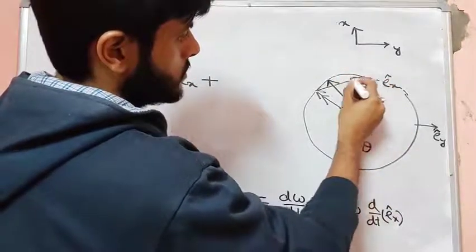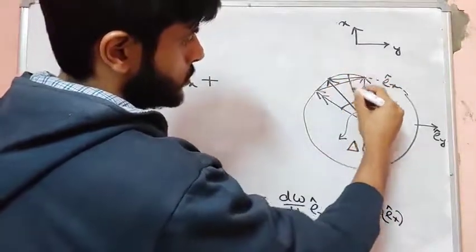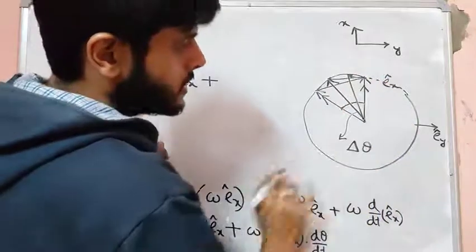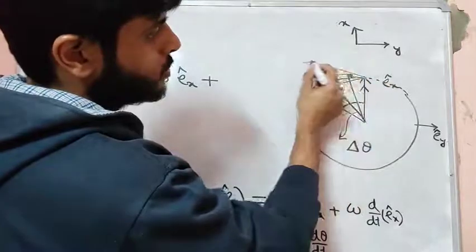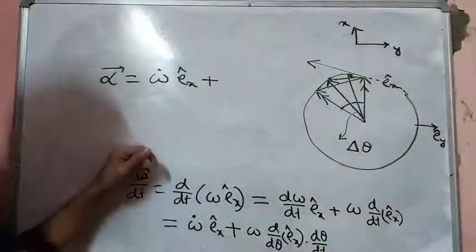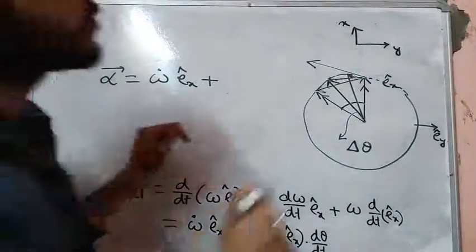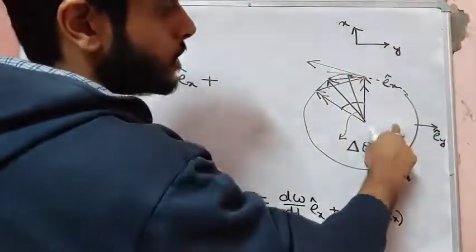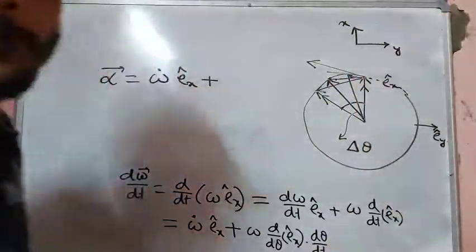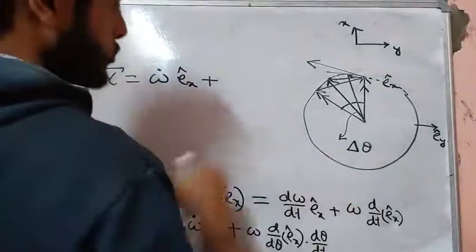So under the limit, this will tend to the tangential direction, right? This will tend to a direction which is perpendicular or tangential to this circle, or basically opposite to this ey direction.